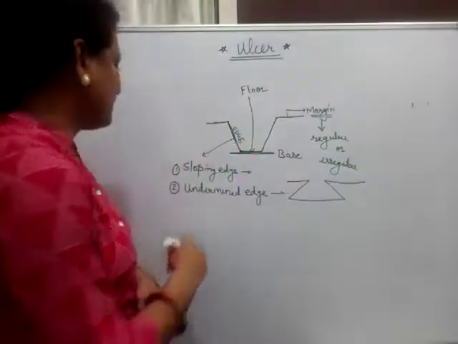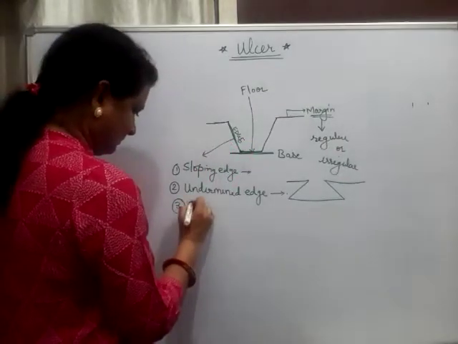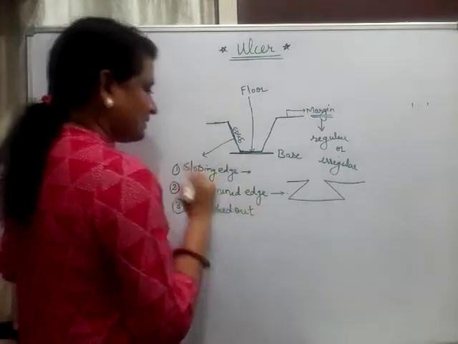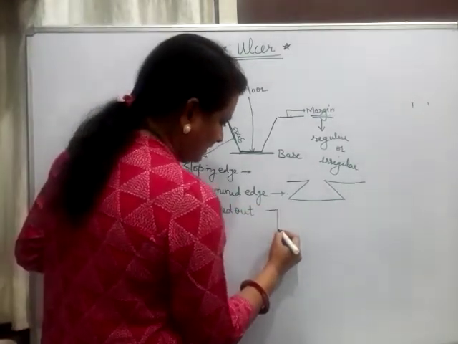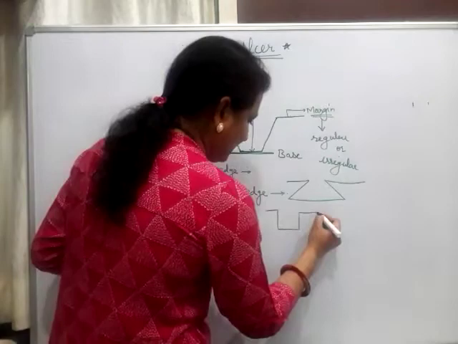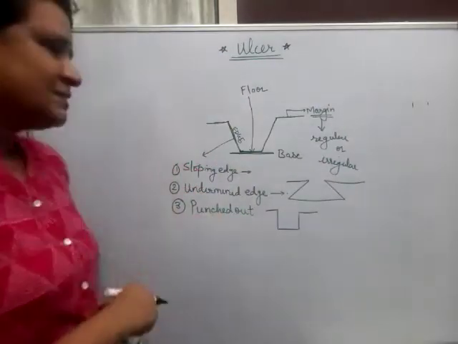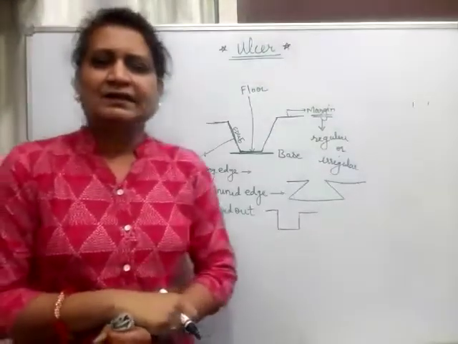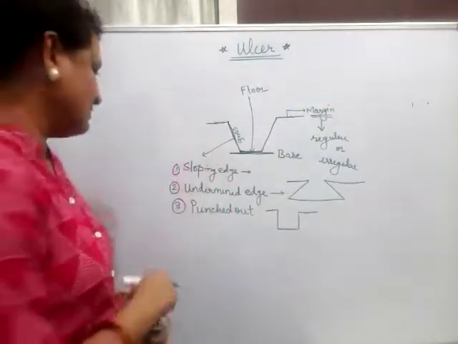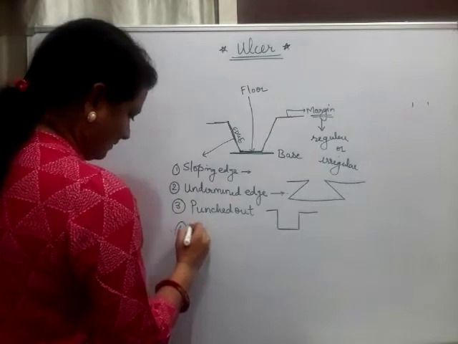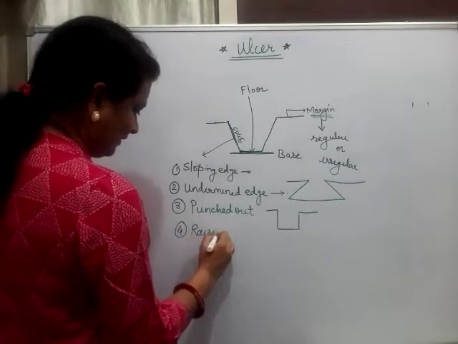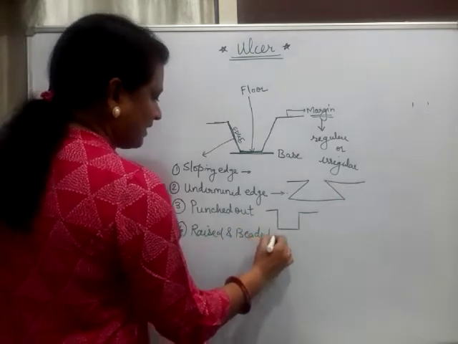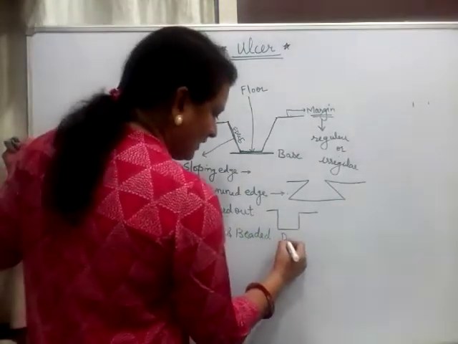Then next is punched out edge. These punched out edges are seen in case of gummatous ulcers, that is syphilitic ulcers or tropic ulcers. Then raised and beaded edges are seen in cases of rodent ulcer.